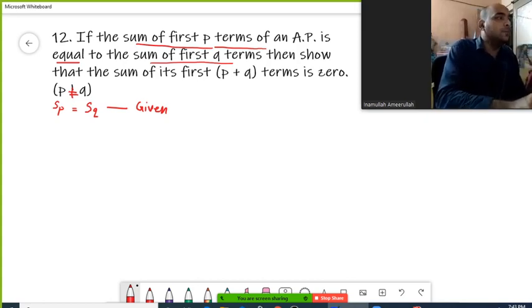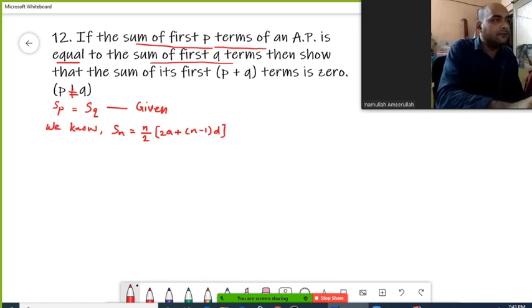We know the sum of first n terms is equal with n by 2 into bracket 2a plus n minus 1 into d.